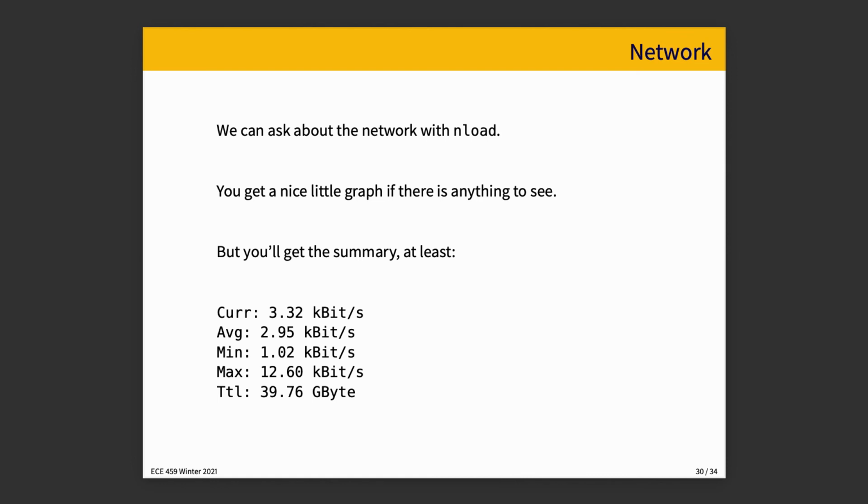Mload will even draw you a little graph that will tell you about what you need to see. You can see there is a summary, 3.32 kilobit per second, and an average of 2.95 kilobit per second. So again, Loki here is really not doing a lot with the network, although over its lifetime, it's actually transferred a fair amount of data.